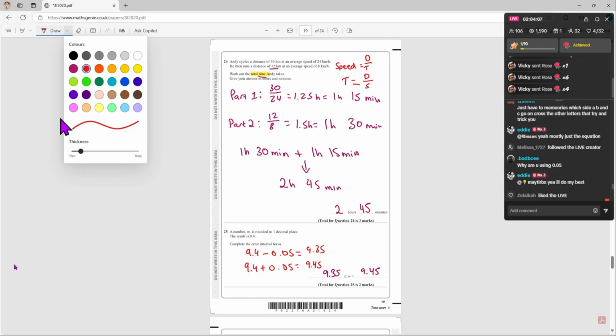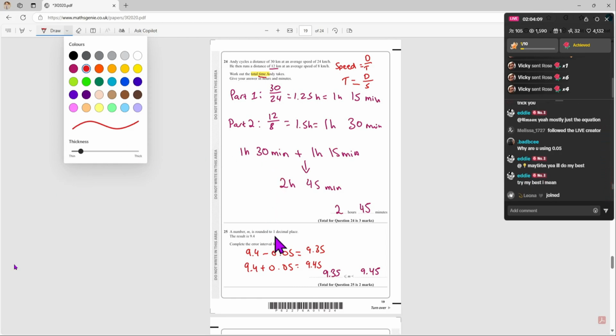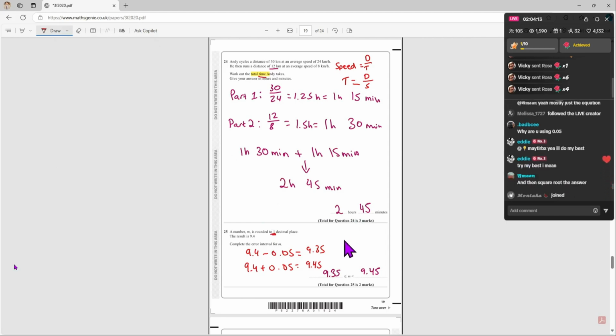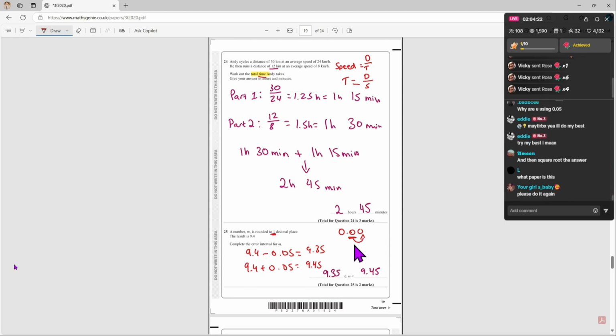Why am I using 0.05? Because he rounded it to one decimal place. Whenever you round to one decimal place, you always look at the decimal place next to it, right? You look at the second decimal place. That is why you're subtracting 0.05, okay?